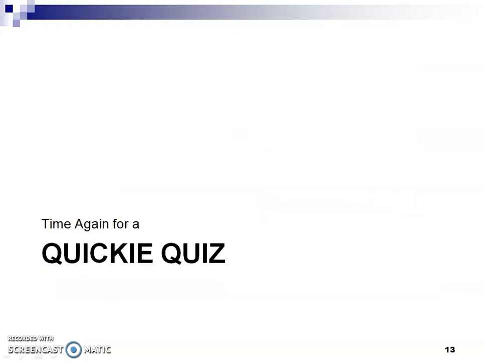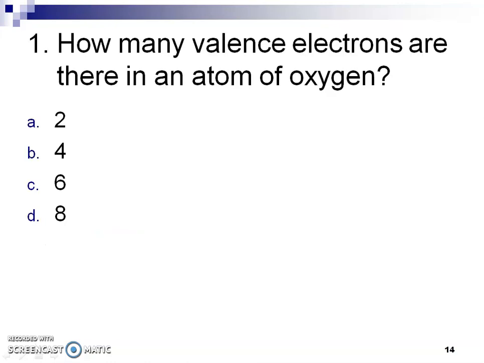Here's that quickie quiz, but I've added a couple of questions along the way. So what I would do is pause when you see the question, and see if you can come up with the right A, B, C, or D answer. But then I have 2 other questions, and again, you might want to pause and make sure you can get the correct answer. So number 1. Hopefully you paused and looked up oxygen on the periodic table to find that it has 6 valence electrons.